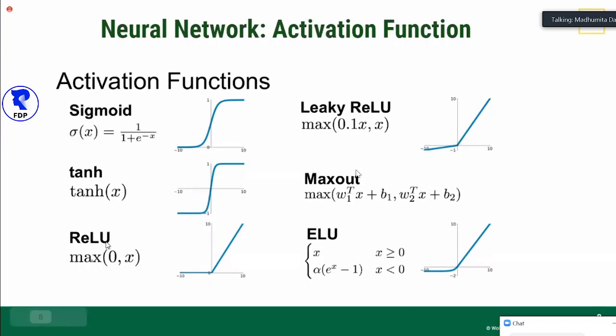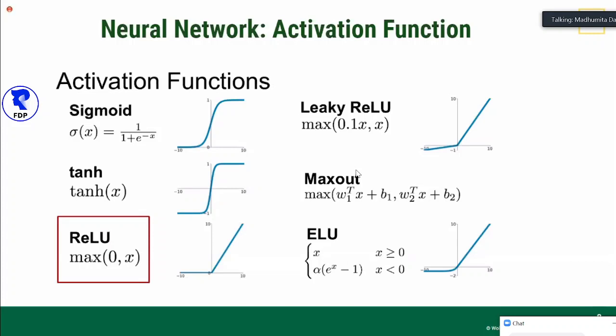So there are many types of activation functions. I'm showing 6 here, but I think there are 8 activation functions. Sigmoid was one of the oldest activation functions that was used for a long time. But now, recently, it is ReLU, which is the rectified linear unit, that is being used.